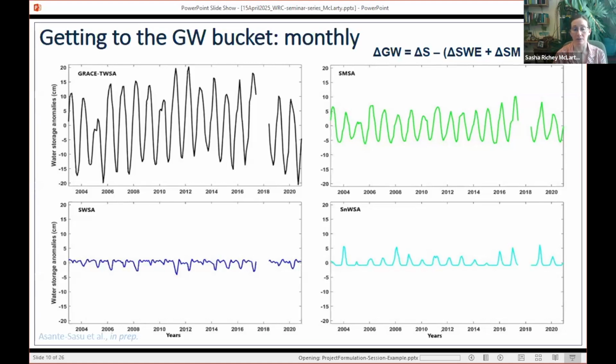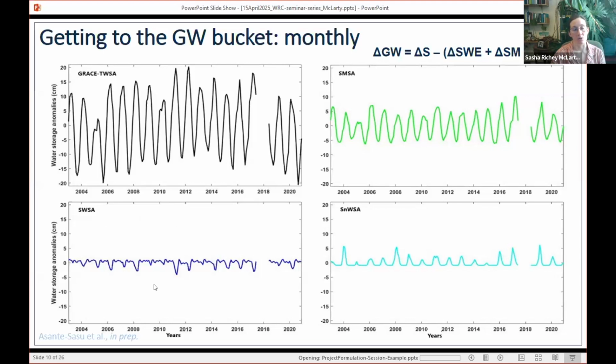VIC is the variable infiltration capacity hydrology model that they couple to a cropping systems model to be able to represent things like the impact of irrigation on specific crop types, which are not well represented in most hydrology and land surface models. We thought that was important because irrigation obviously impacts total water storage variations. So that's manifested in the soil moisture observations here.